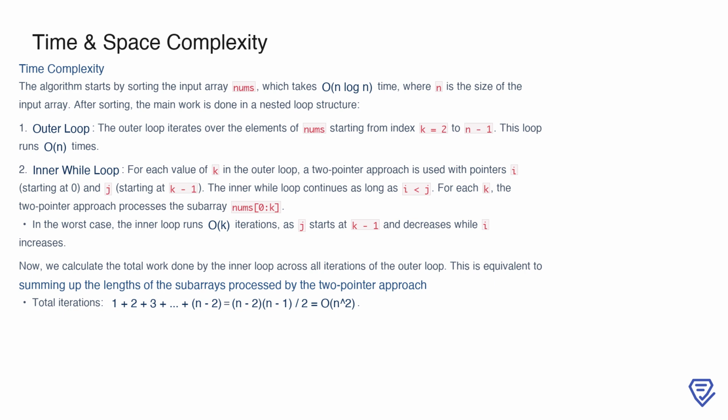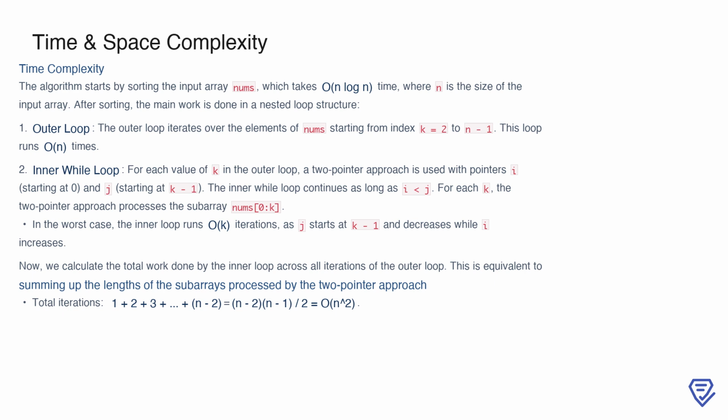To analyze the time complexity of our algorithm, we start with the sorting step. Sorting the input array nums takes O(n log n) time, where n is the size of the array. Once the array is sorted, the main work happens in a nested loop structure. The outer loop iterates from index k equals 2 to n minus 1, which means it runs O(n) times. Inside this outer loop, we employ a two-pointer approach with pointers i starting at 0 and j starting at k minus 1.